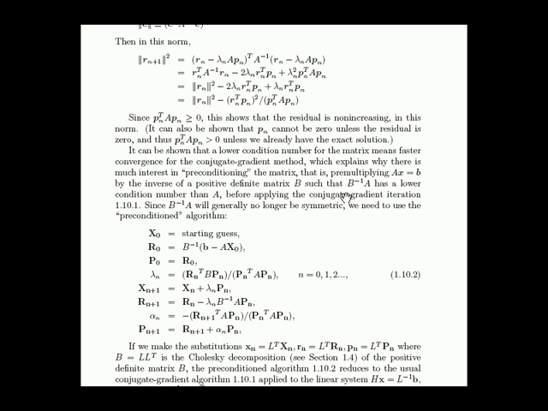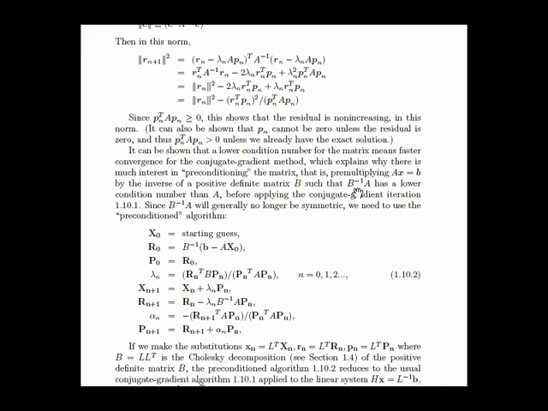So that means that it could be advantageous to multiply A by another matrix, B inverse, which makes the condition number lower, and that will make it converge faster. You might say, well, why not just multiply by A inverse? Then you get the identity, which has a condition number of 1. It'll converge really fast. Well, yes, but each iteration, you're going to have to solve Bx equals something.